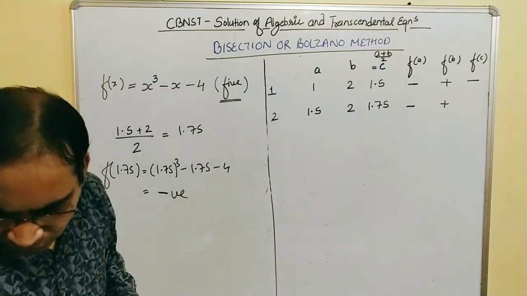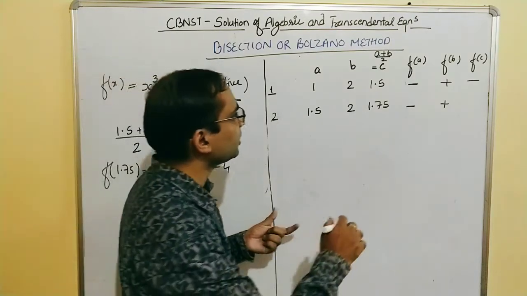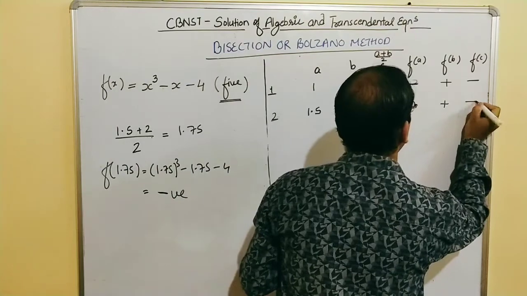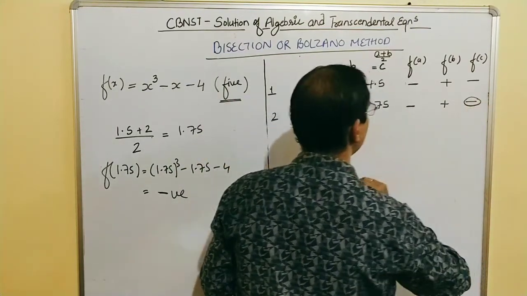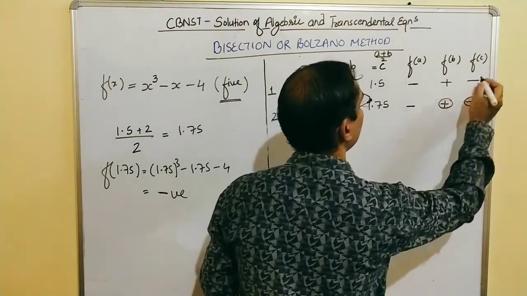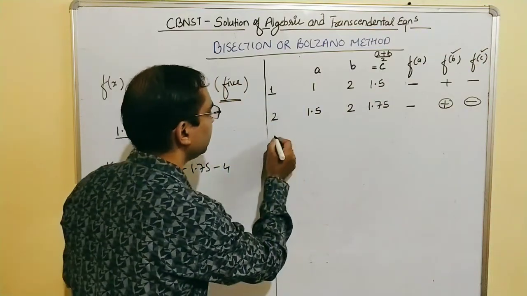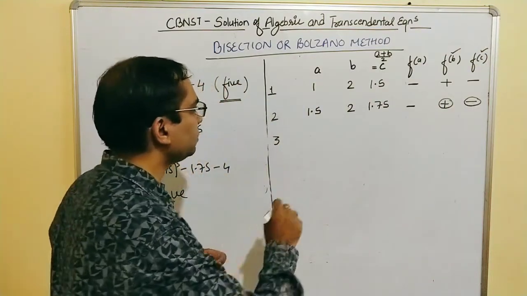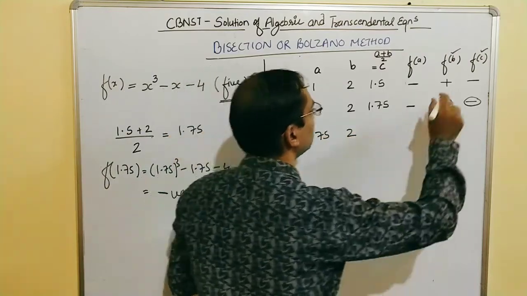So we have a negative value of this function at 1.75. Again, as we always choose the new value, this is already selected, and from the previous two we will select the positive one. So the new two will be c and b. So let's say in the third iteration this will be 1.75 and this will be 2, right?